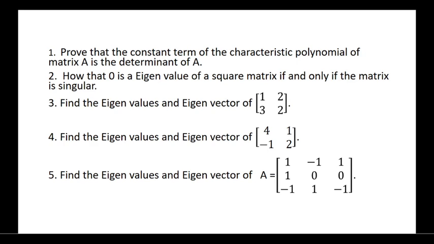So these two are called eigenvalues of A. Now we have to find the eigenvectors of A corresponding to each eigenvalue lambda, such that AX is equal to lambda X.